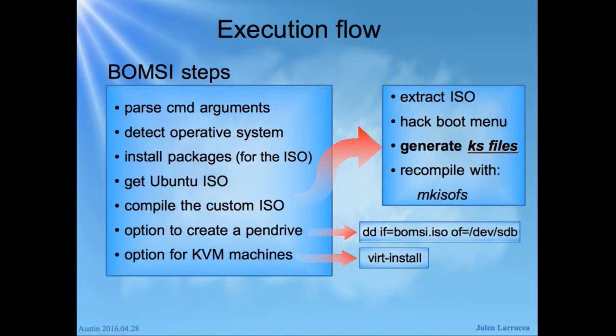It will install the dependencies in case they are not already installed, for example mkisofs for rebuilding the ISO file. It will get the Ubuntu ISO file, or there is also a CentOS option. It will build the custom ISO file, and for that, first of all, it extracts the ISO file.